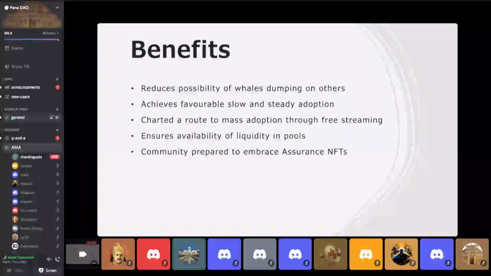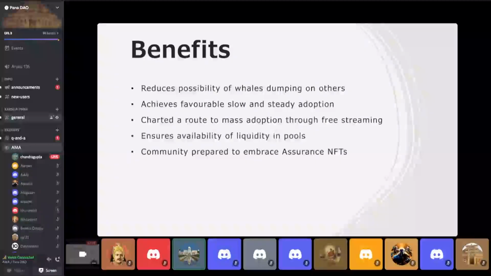Whales would not be able to accumulate huge amounts of tokens because our strategy is going to be rolling out Pana at a rate which is slow and steady, decided by the governance based on buying patterns in the market, as well as based on the direction in which the market is going. So this reduces the possibility of anyone accumulating huge amounts of token and later on taking advantage of a spike in price to possibly dump on others and eventually causing damage to the protocol and community members.